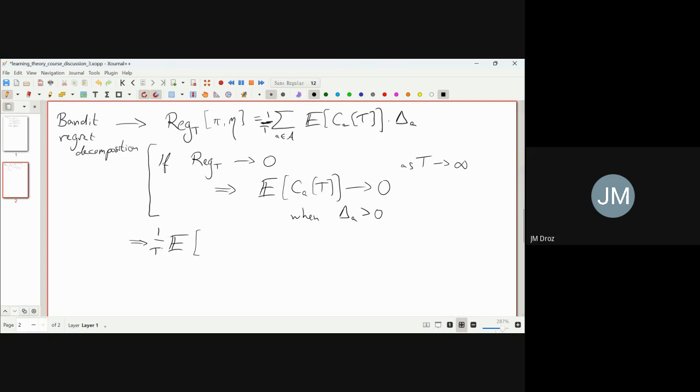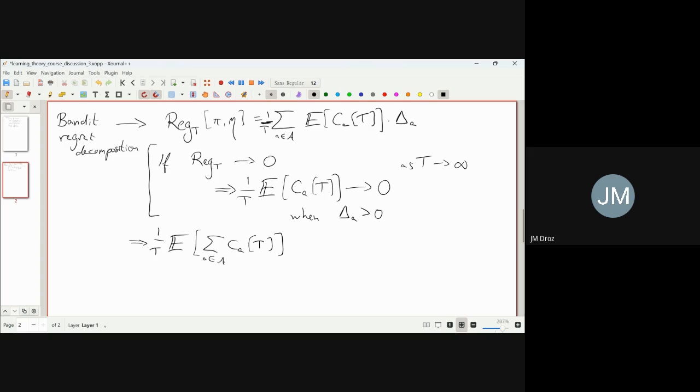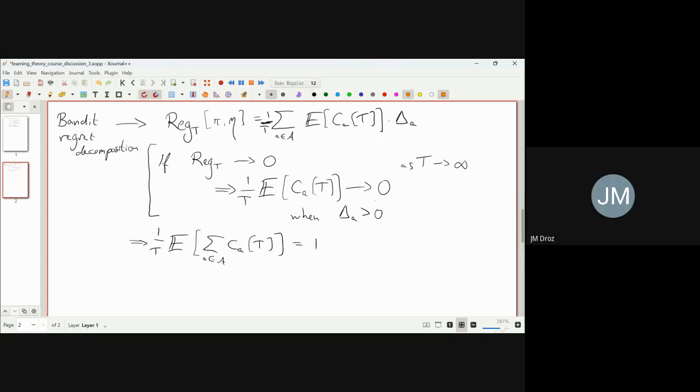So the sum of the densities over all arms must be equal to 1, and since the others are going to 0, for the optimal arms it must go to 1.